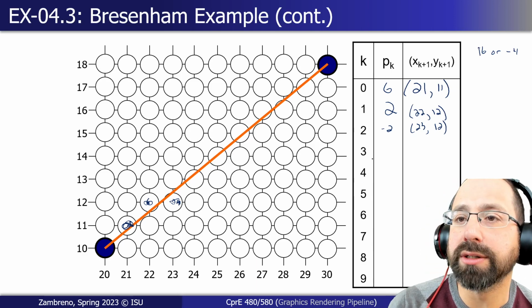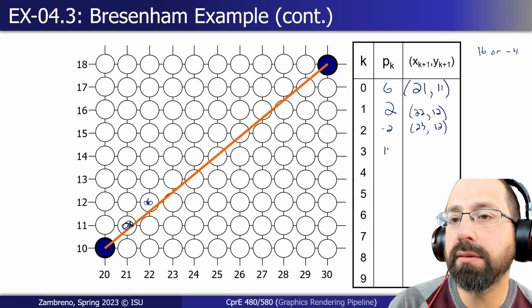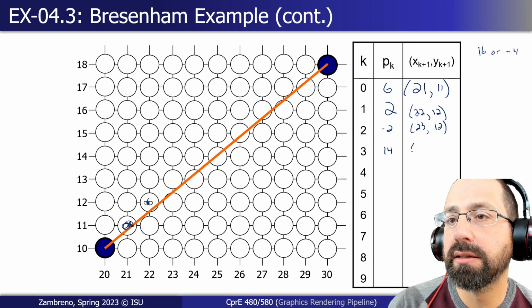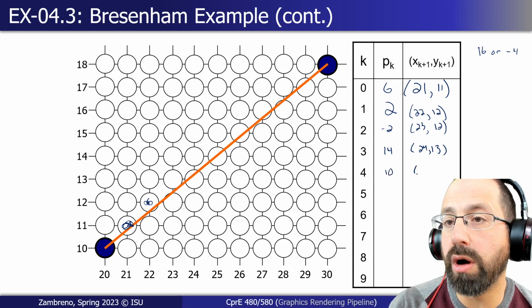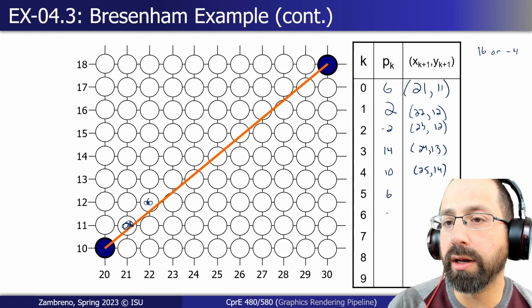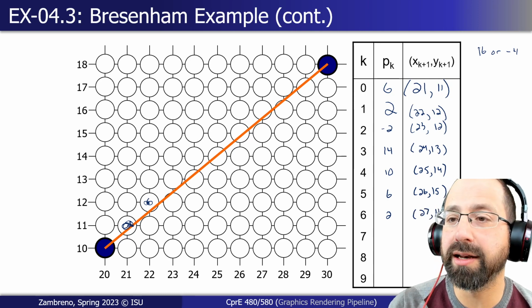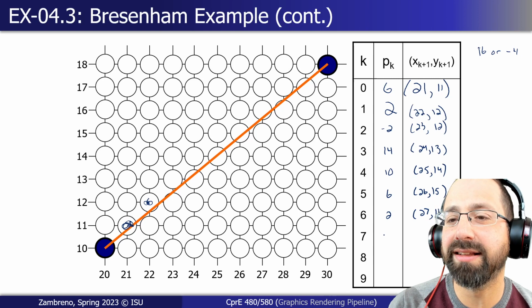We can kind of see where it's going to go here. So 14, which is going to give us going up another pixel. Then it's going to be 10, still positive. We go up another pixel. And you can see where we're going here. 6, 2. We go up 2 more pixels. And it should work out that it gets back to our original line segment here.